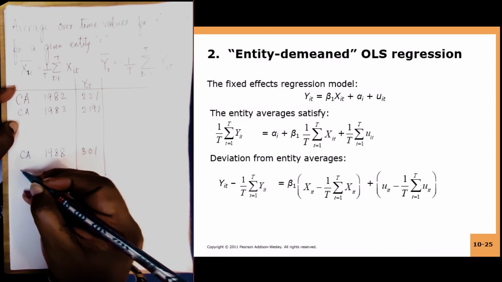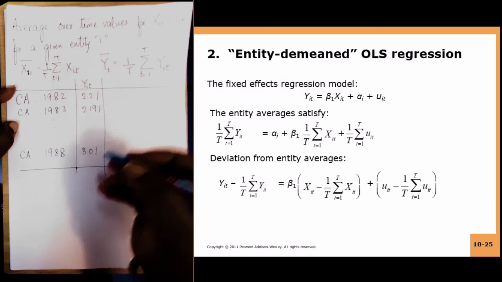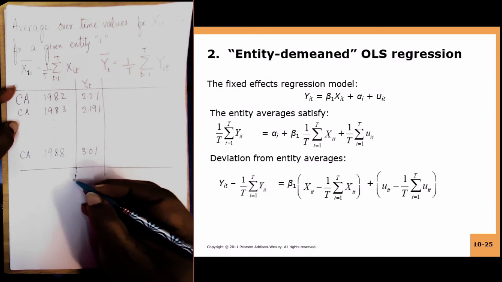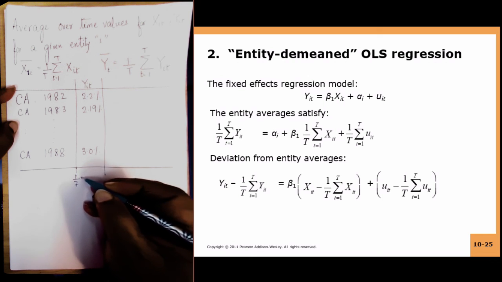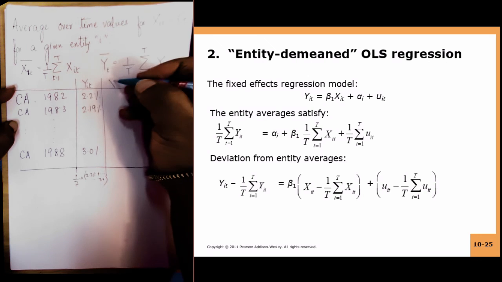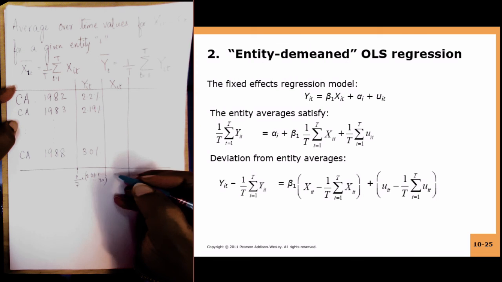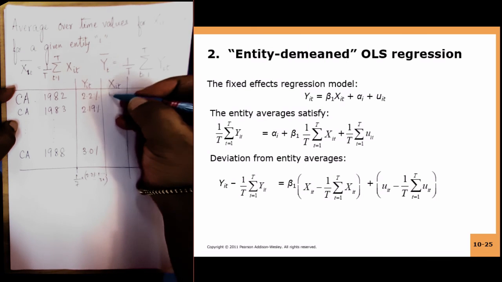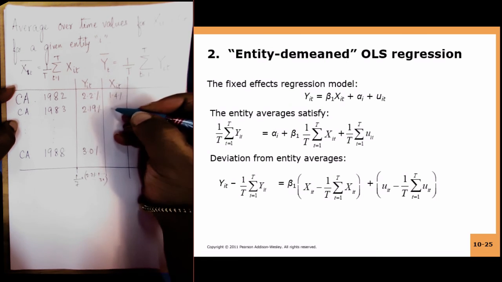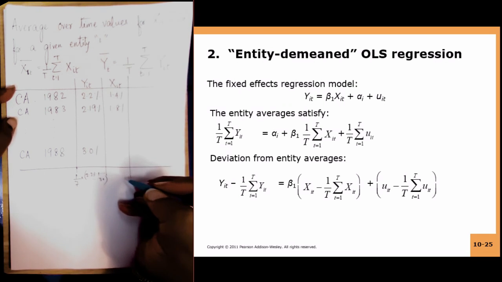The California fatality rates are like this. You take the average of all of this: you sum it up over time and divide, so you have 1 by 7 multiplied by 2.2% plus so on and so forth up to 3.0%. Similarly, you do X_it: say 1.4%, 1.8%, you sum it up and you have the average over time.